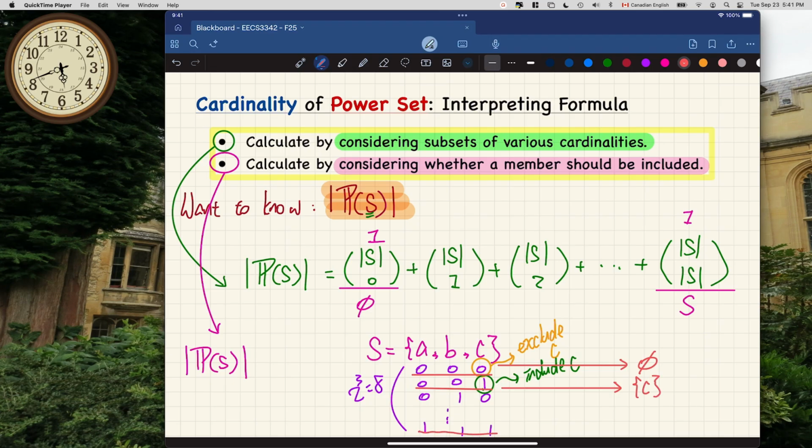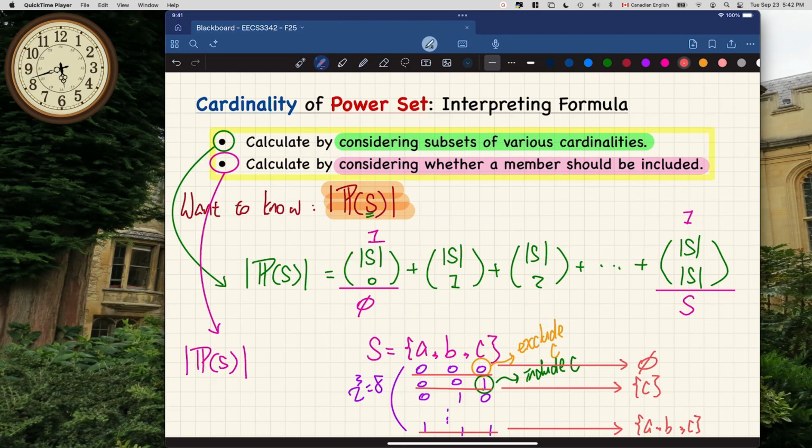And finally, if I got 1, 1, 1, that means I want to include everything. That will be A, B, and C. And you can also work out the intermediate numbers, right? So basically, every base 2 number of this certain number of digits is going to correspond to a certain subset, right? That's also another way to systematically enumerate the subsets.